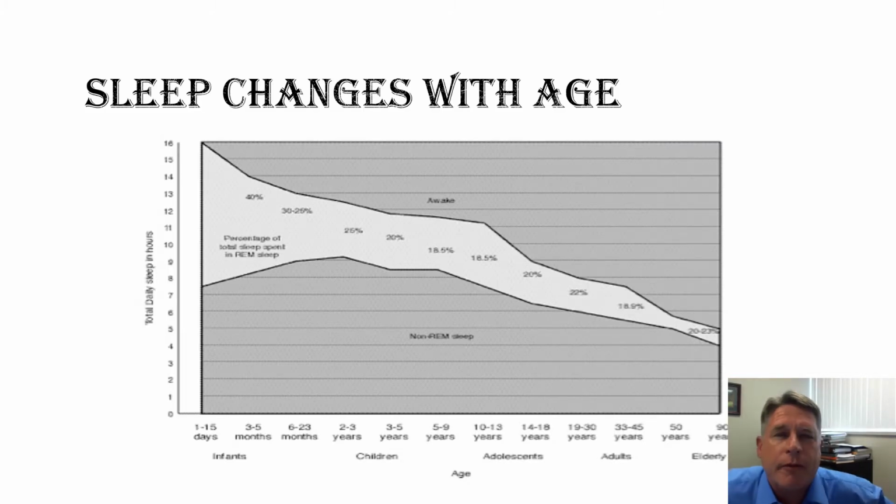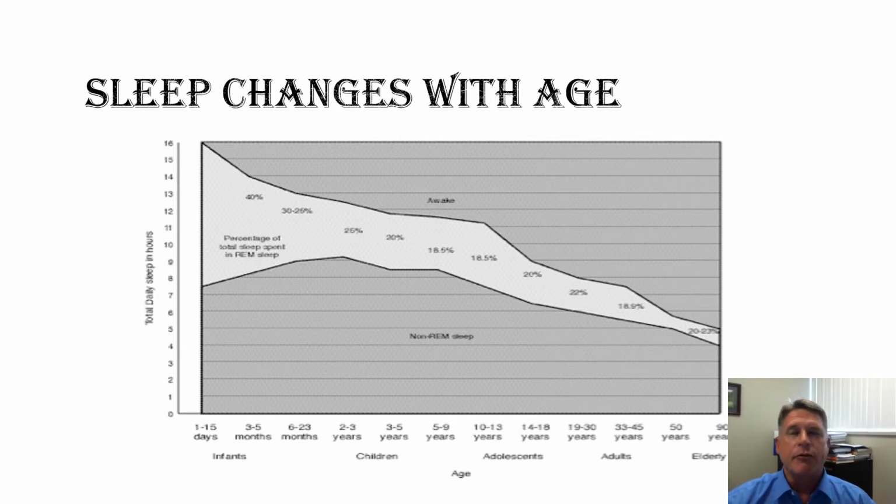First of all, the first thing I want to talk about is what's called sleep and how it changes as we age. Simply put, if you take a close look at this chart here, what this chart basically shows along the bottom is the different age groups, starting at the point of birth, day 1 to day 15, and then 3 to 5 months.